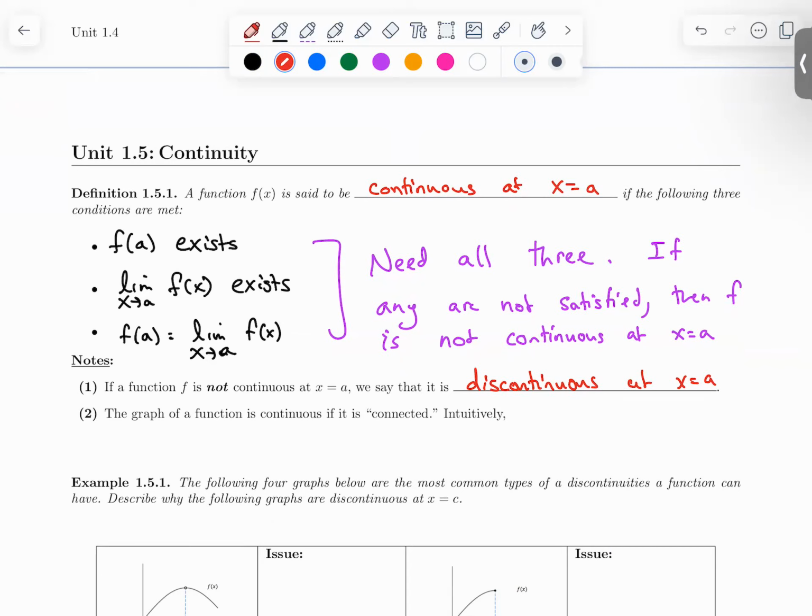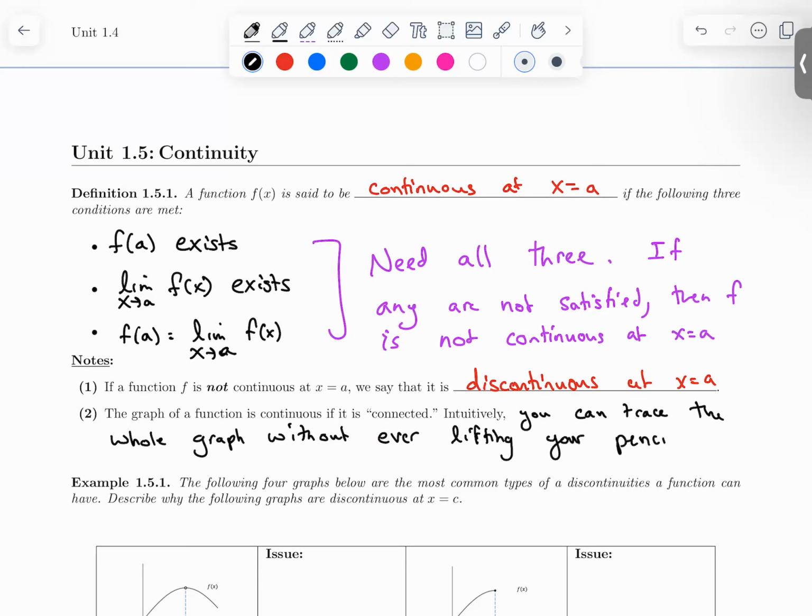And intuitively, what I mean by that is you can trace the whole graph without ever lifting your pencil from the page.